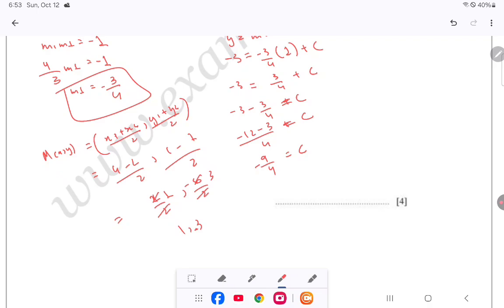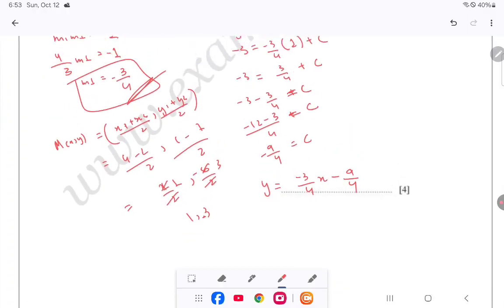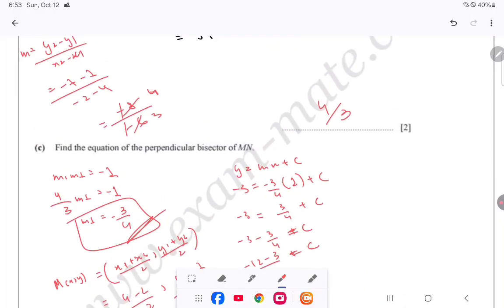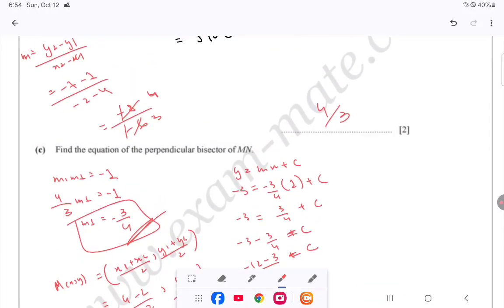Put it in the equation. Y is equal to m, right here, negative 3 over 4 x plus c, which is negative 9 over 4. This is the equation of the line which is the perpendicular bisector of MN.